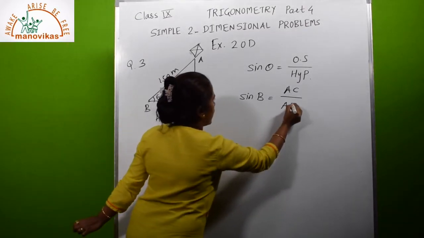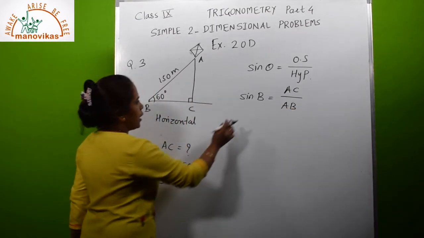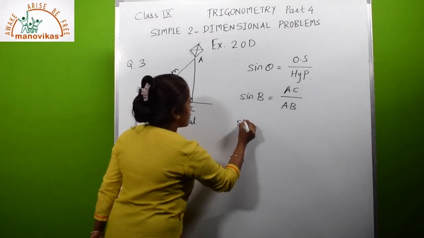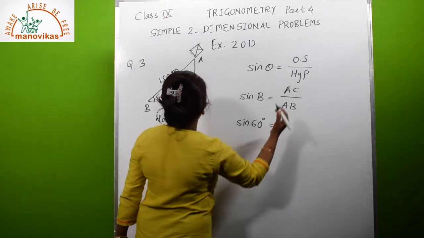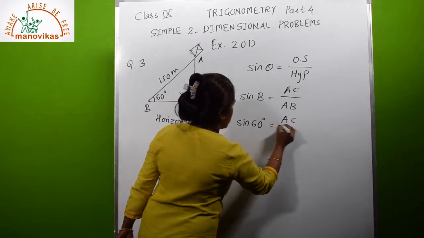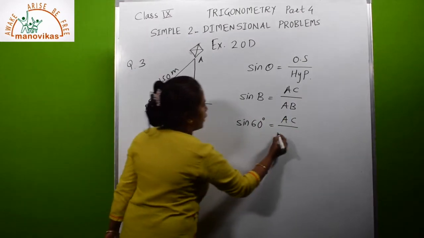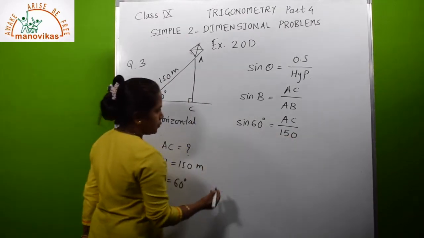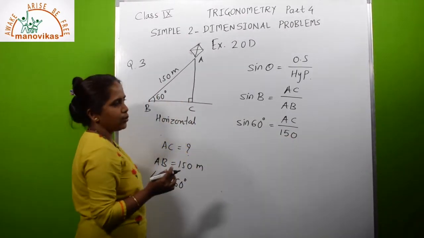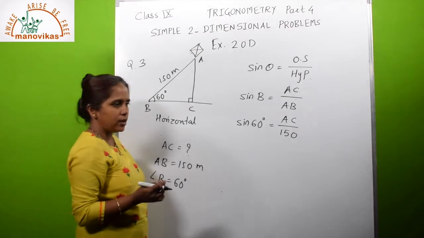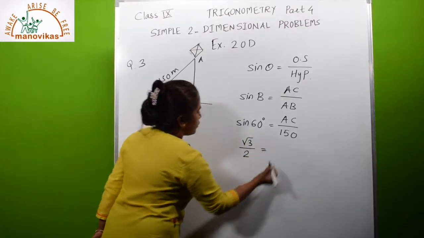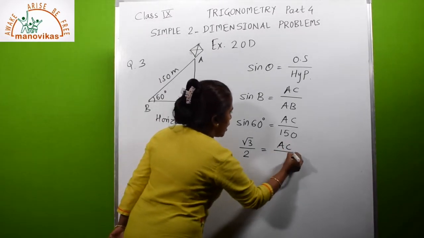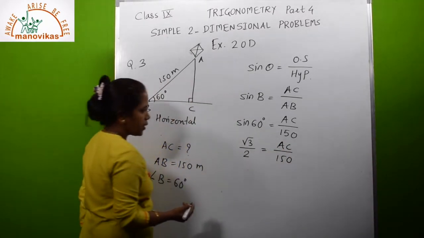upon hypotenuse, that is AB. Now angle B is 60, so sine 60 degree is equal to AC, which we have to find, upon AB, which is given 150. So sine 60, again we know the value of sine 60. What is it? It is root 3 upon 2, which is equal to AC upon 150.